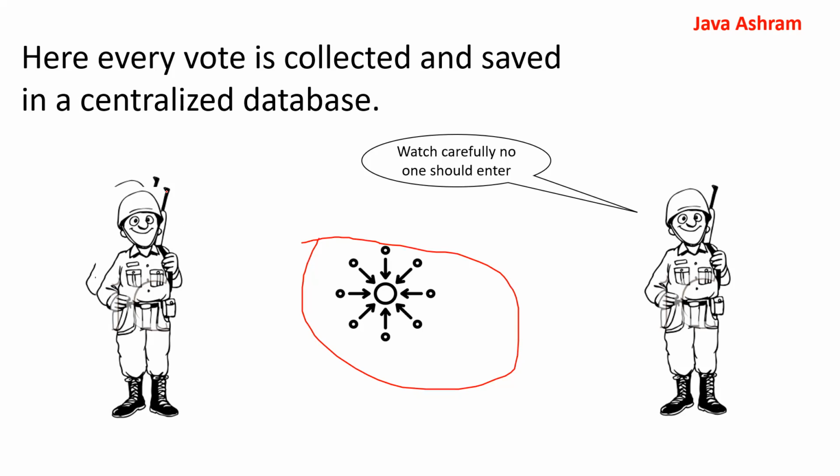Once all the data is stored in the database, security is placed. You have also seen in many places, where there is a data center, security guards are placed to guard it so that no one can enter and amend the data, right?